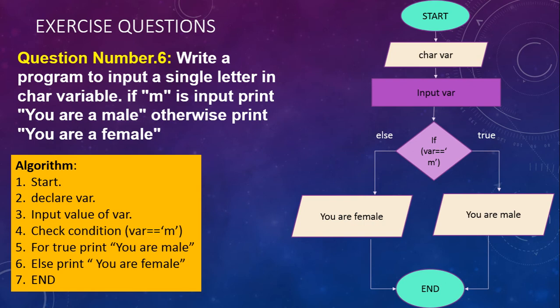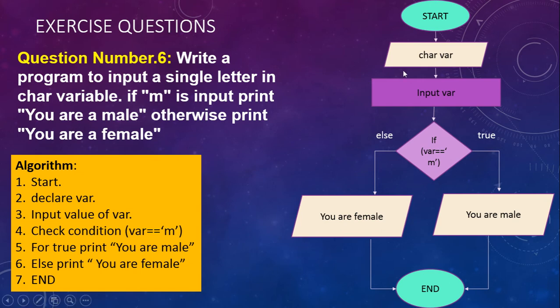VAR is any variable; I have selected the name VAR. First of all, I will ask the user to enter the value of VAR, either M or F. It all depends upon the user. Then we will check the condition. If VAR is equal to M, then it will print that you are male. In the else case, it will print that you are female.